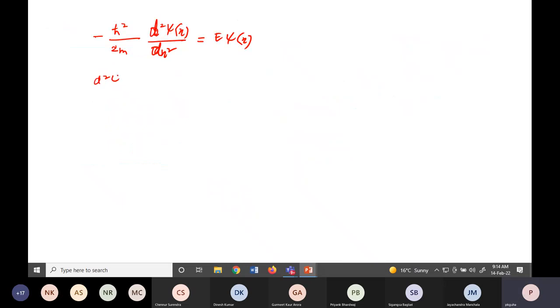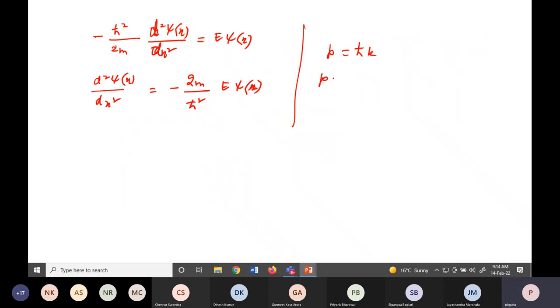So we can write d²ψ/dx² is equal to minus 2m over ħ² Eψ(x), okay, and this 2m over ħ² can be shown equal to k², because you remember we have already discussed p is equal to ħk and p is equal to mv, which is nothing but root over 2mE, right.